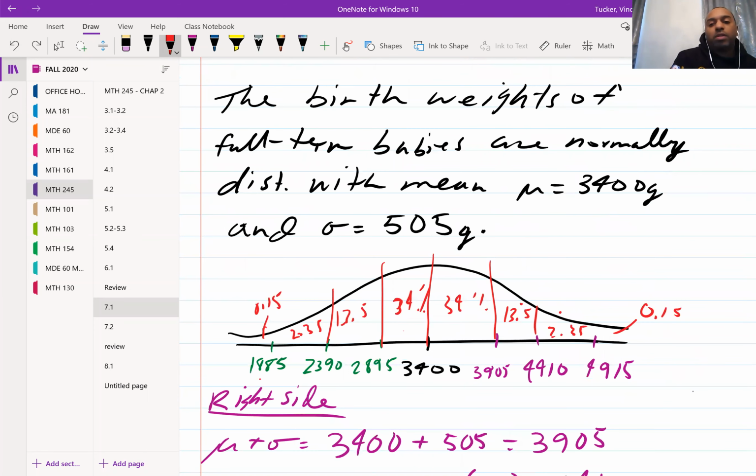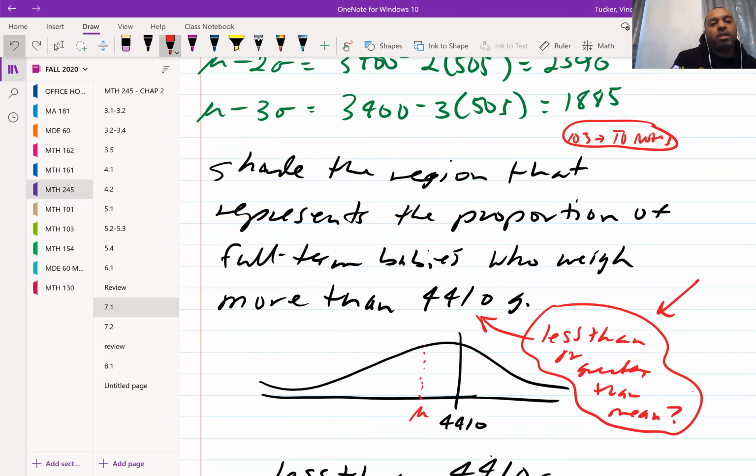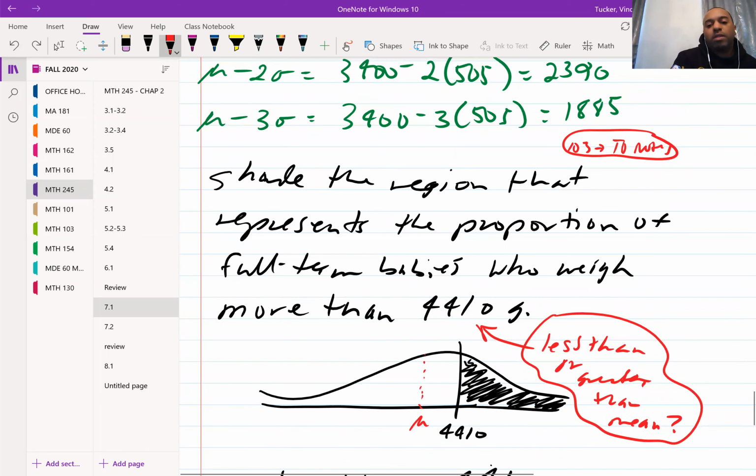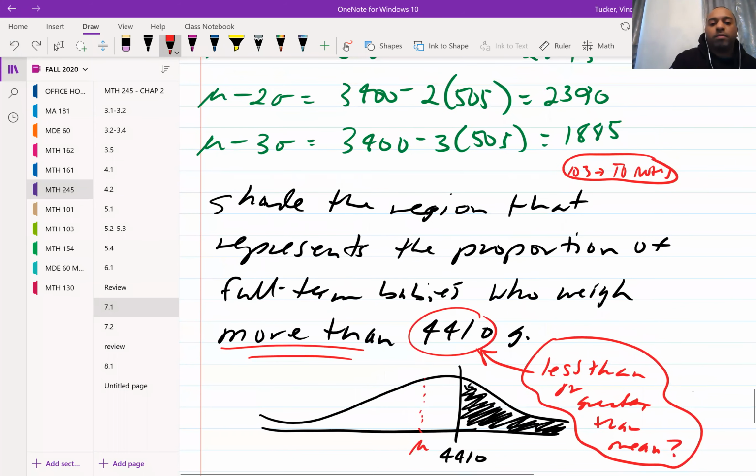Since we're talking about more than, we're going to shade to the right of that value.